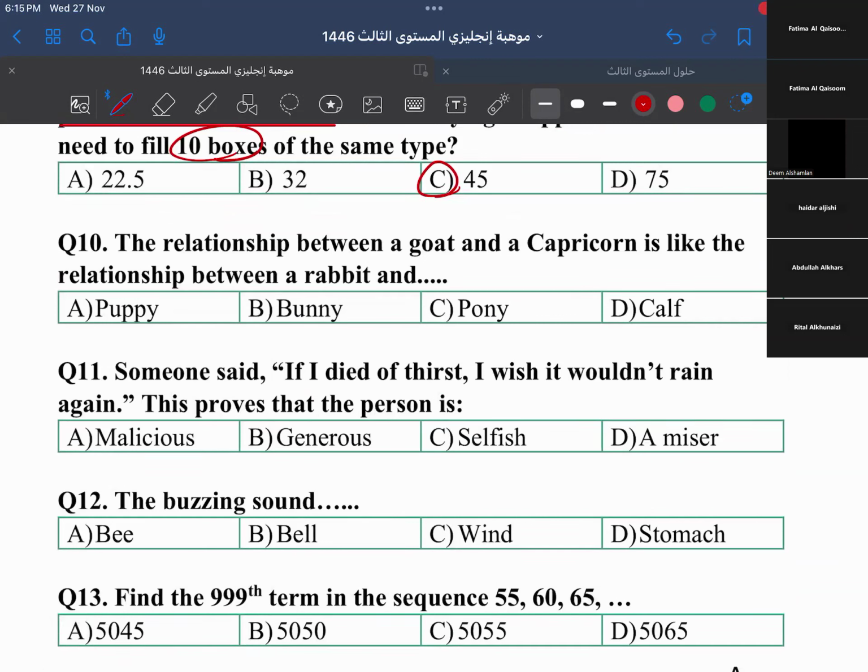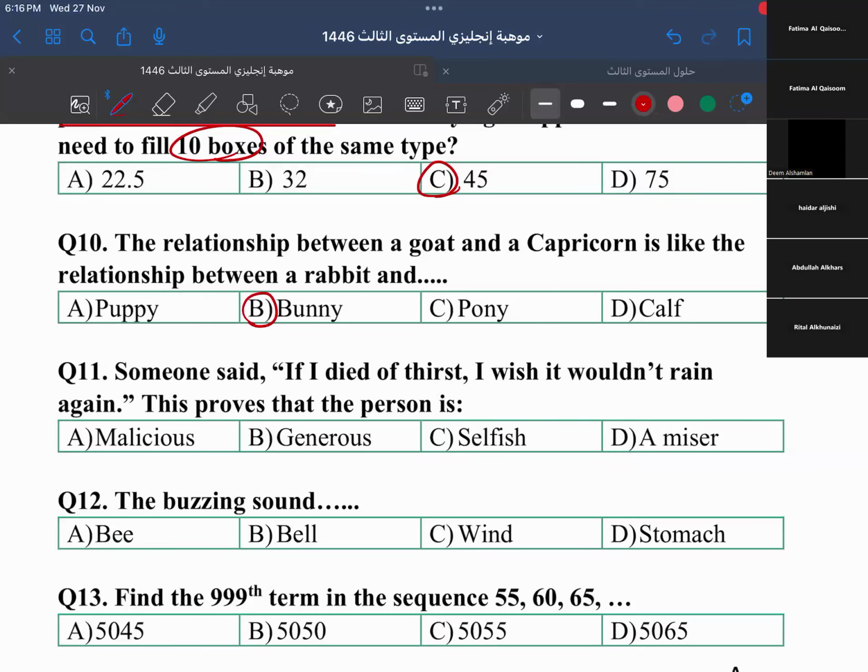The relationship between a goat and a Capricorn is like the relationship between a rabbit and... Yes, Haida? Okay. I'm not really sure what a Capricorn is, but I think it's like an idealized or cute version of a horse, one that's talked about a lot. So I think it's bunny. Yes, it is bunny. Excellent.